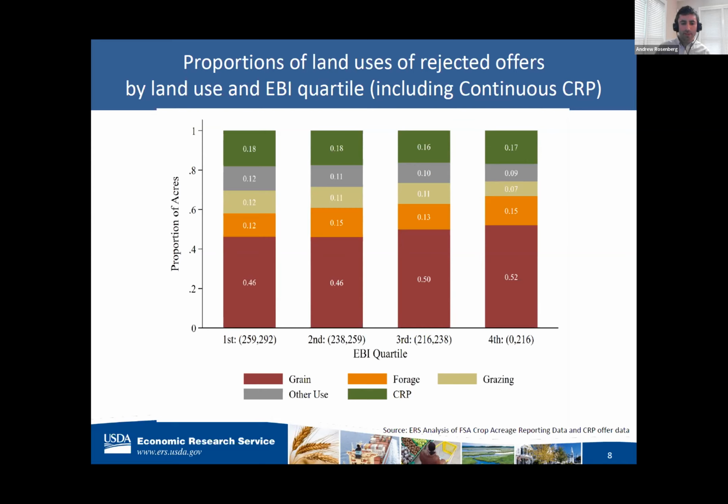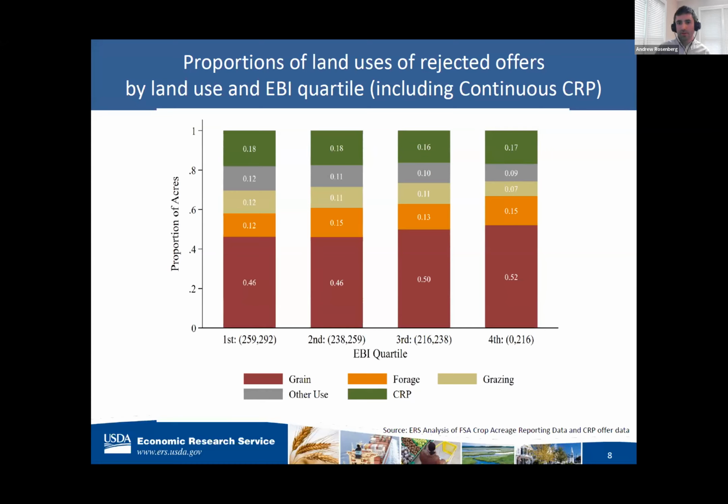So what you can see is that the amount of land in grain and forage is about 58% for this first group, and the remaining amounts in grazing, other use, and then about 18% ends up going into CRP through continuous signup. And then these results are fairly constant as you go down in terms of the EBI.